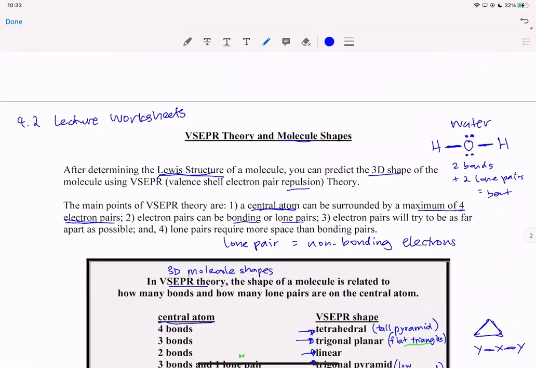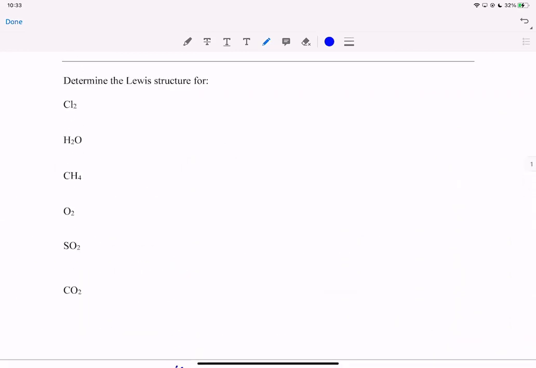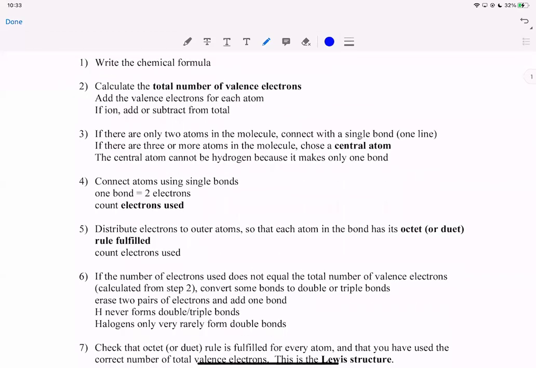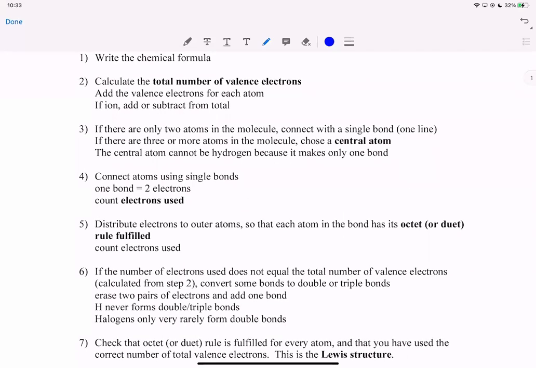Okay. So then we got to go back to, where did these come from in the first place? These are the Lewis structures. So that was from the last lecture. The Lewis structures is a series of steps where you draw the Lewis structure by calculating the valence electrons from the periodic table family numbers. And then you make sure that every atom has the octet or duet rule fulfilled using those valence electrons.